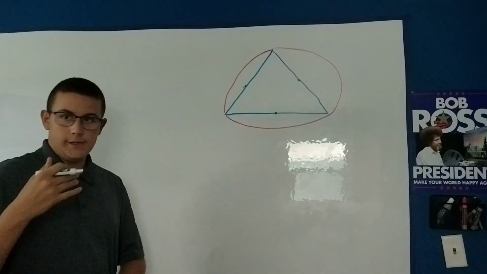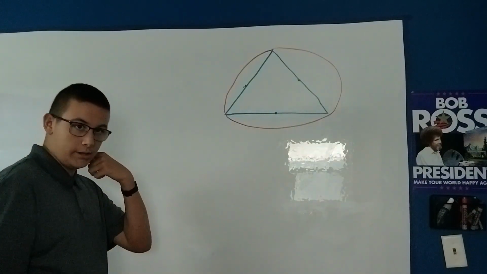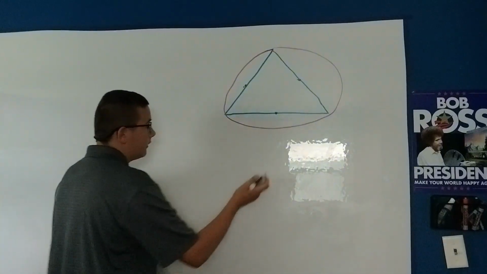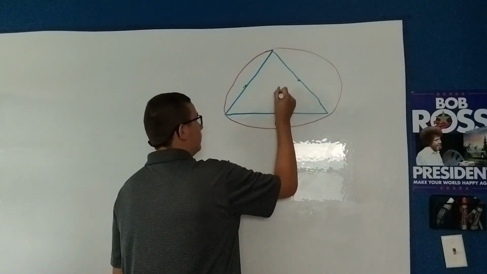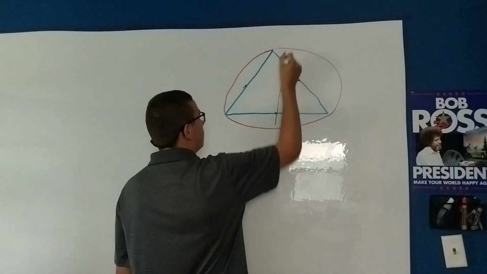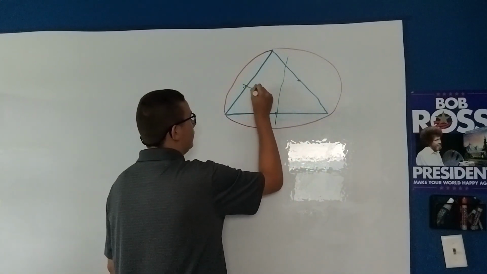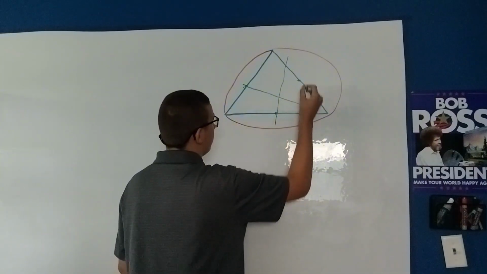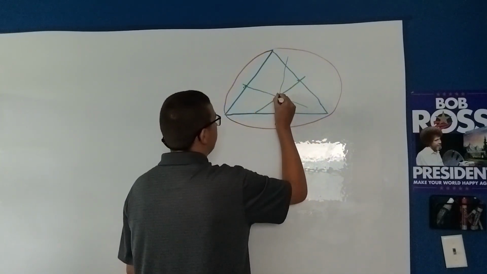And if I draw the bisectors, so the perpendicular line that bisects that, cuts it perfectly in half and is perpendicular. So something like that. And like that. And that.